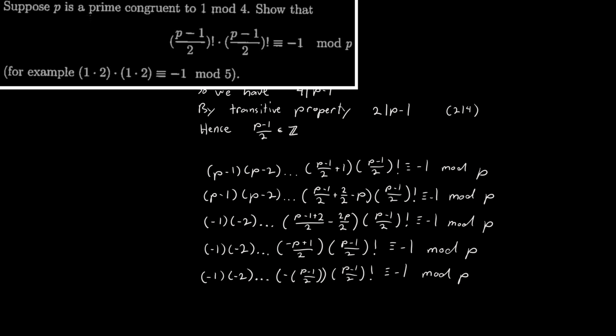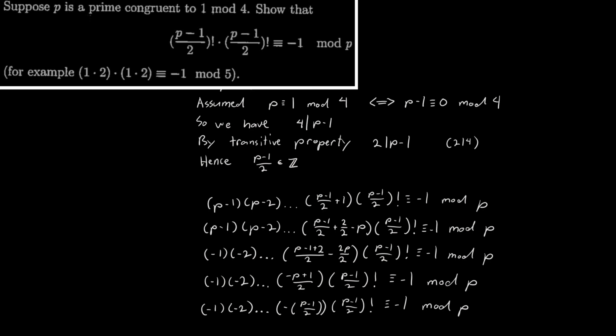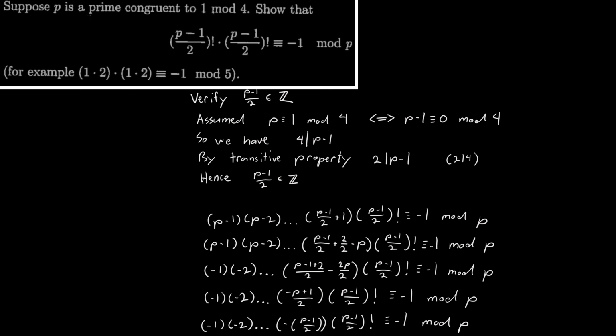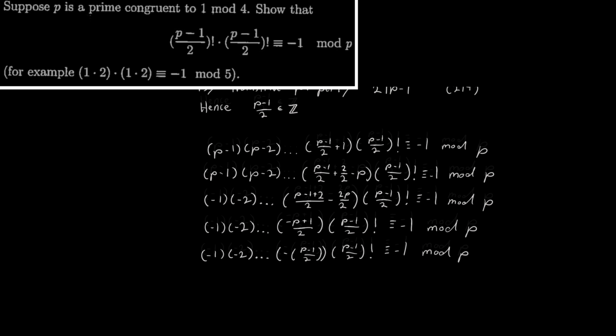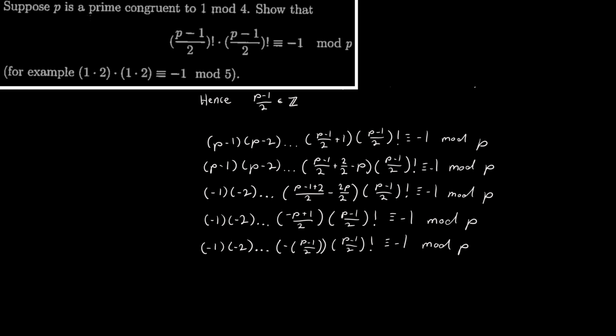Now you can probably clearly see that this is the same as ((p-1)/2)!. It's just that we have negatives in all the terms, and if there's an even amount of these, then all the negative ones will multiply out to 1. But if there's an odd amount of them, then we'll get an extra negative term, which we don't want.